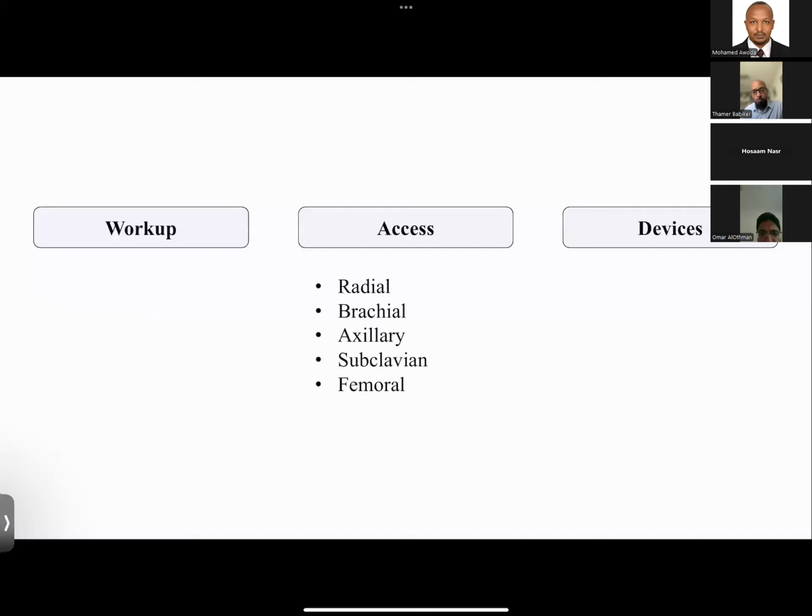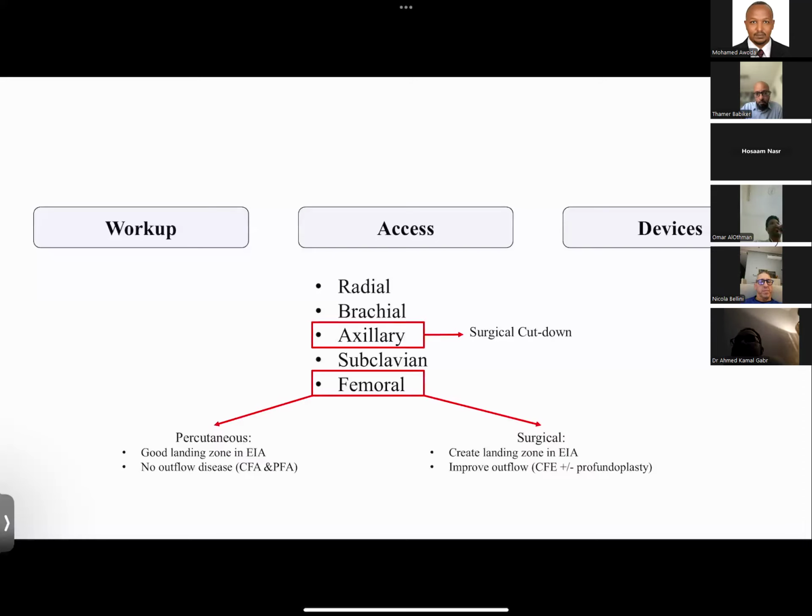And in terms of access, people talk about the upper limb access: radial, brachial, axillary, subclavian, and femoral. And I've tried them all. And I can tell you after experience that those are the only access routes that I use.